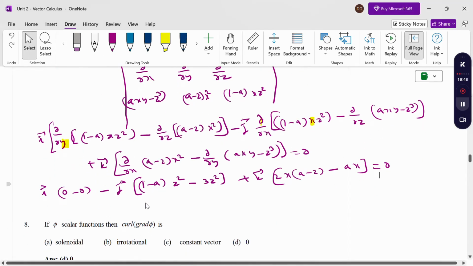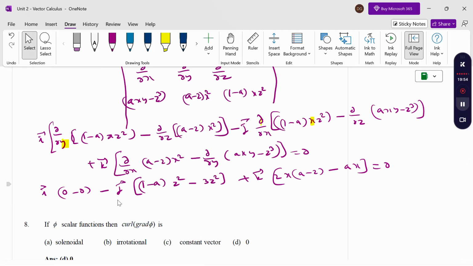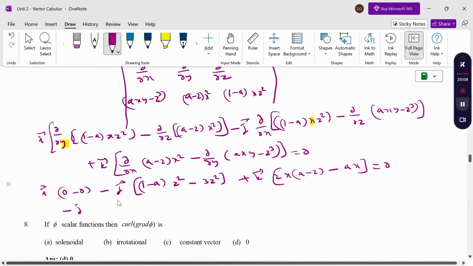So now ax, the term is nothing but ax. So (1 − a)z² minus 3z². So multiply with each and every term minus j vector.